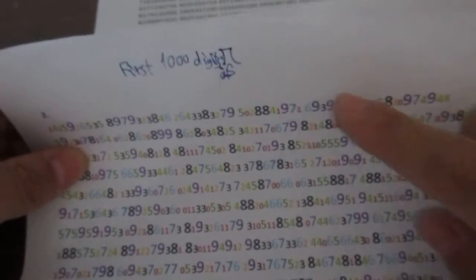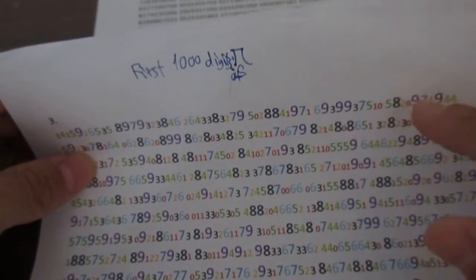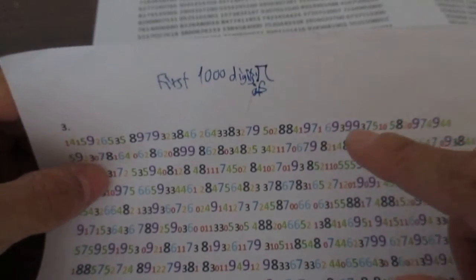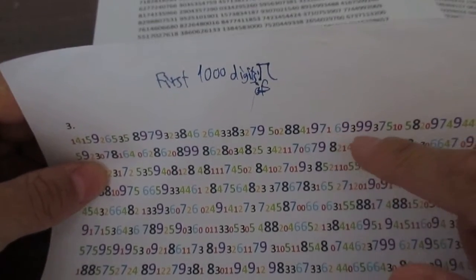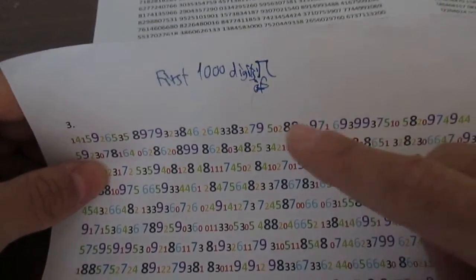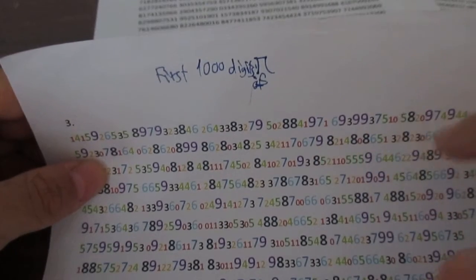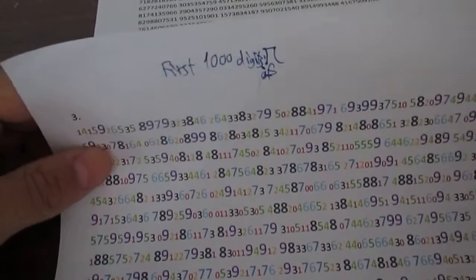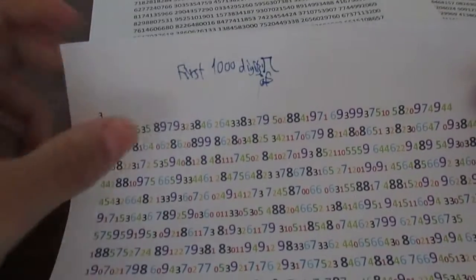For example, here, 69399: instead of just doing 6939, you will do 69399, because you can see a pattern in there.